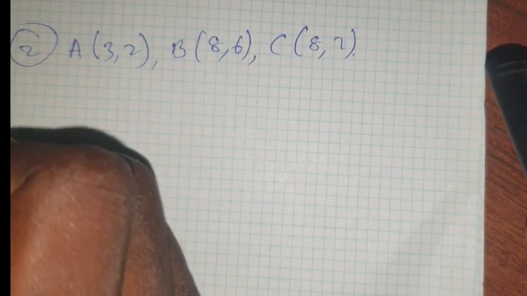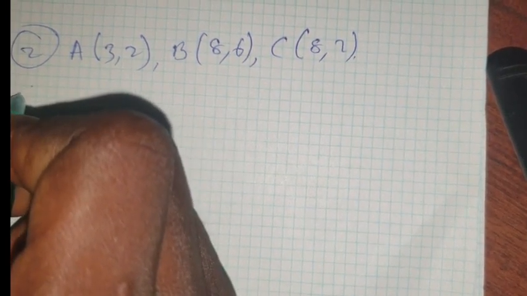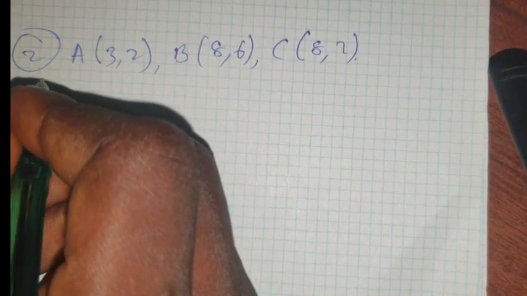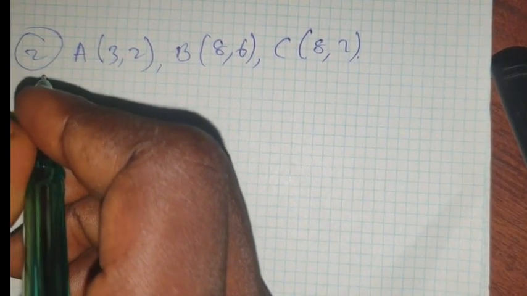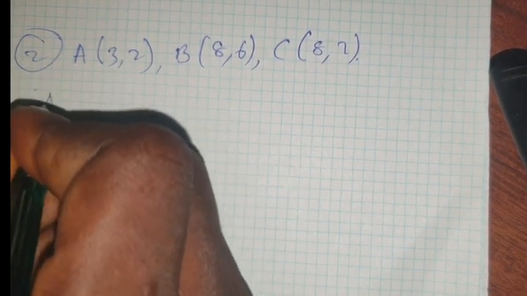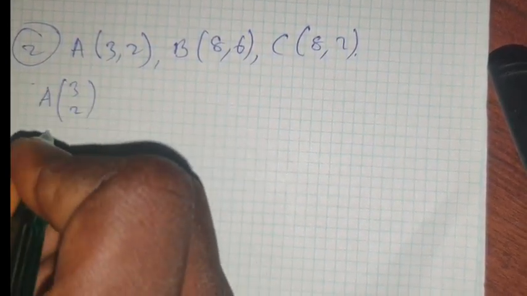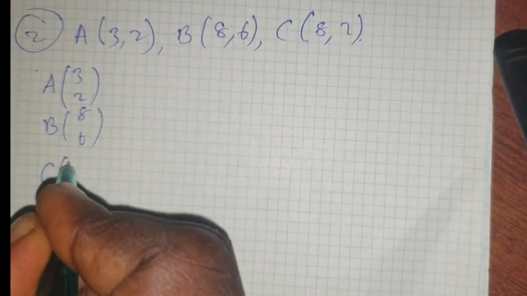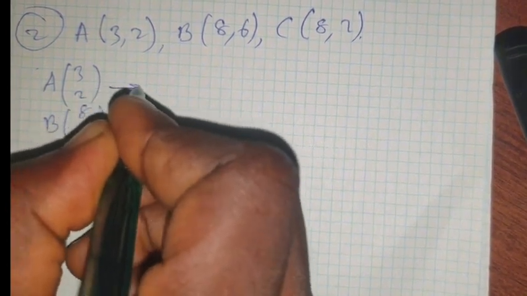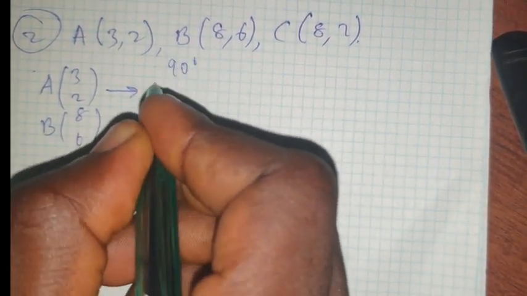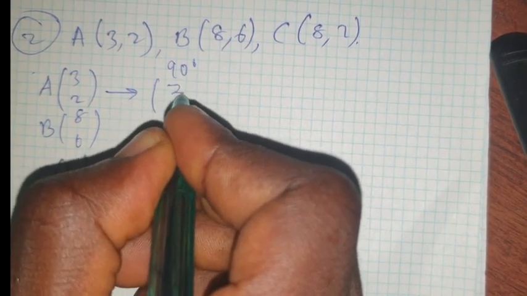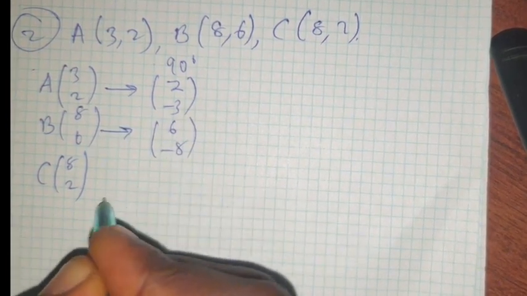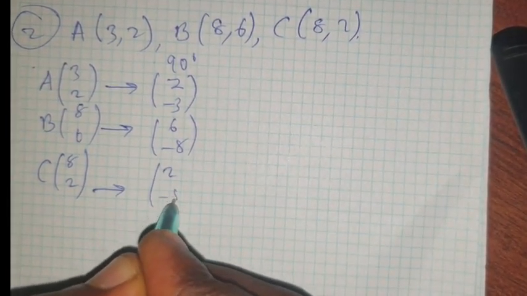So we are going to write the images from 90 degrees up to 270 degrees, which means 270 degrees clockwise is equal to 90 degrees anticlockwise. So we have A of coordinate 3, 2, B of coordinate 8, 6, and C of 8, 2. The image after 90 degrees rotation will be 2, minus 3, then point B 6, minus 8, and point C 2, minus 8.